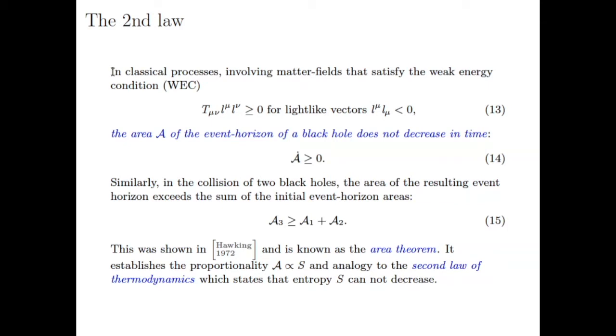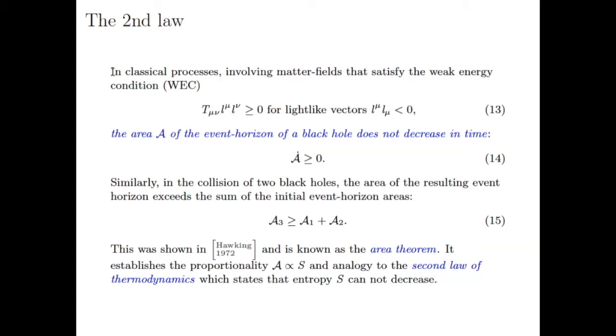So we know we can couple Einstein's equations to all kinds of matter fields, like we can couple it to a scalar field, we can couple it to Maxwell electrodynamics, we can couple it to an energy momentum tensor that would describe a dust of matter or fluid of matter.